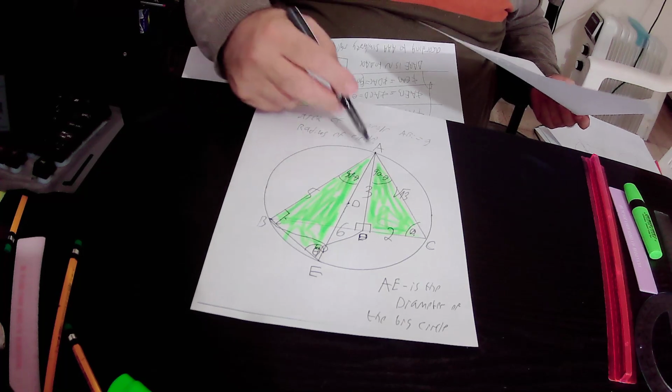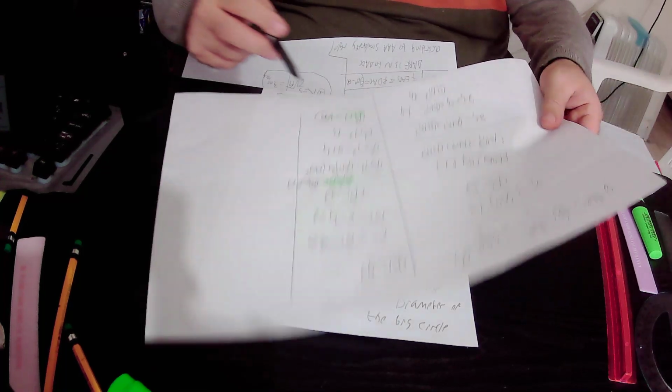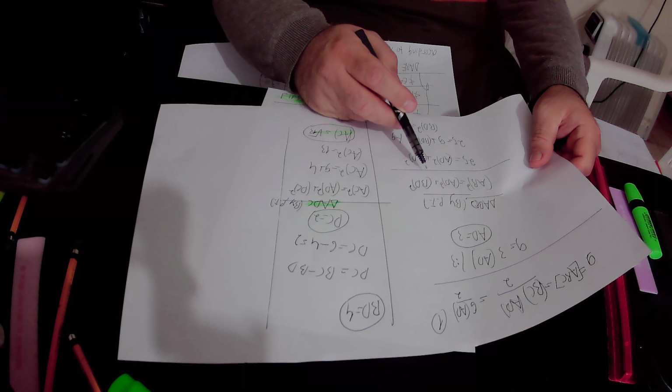AB squared equals AD squared plus BD squared.